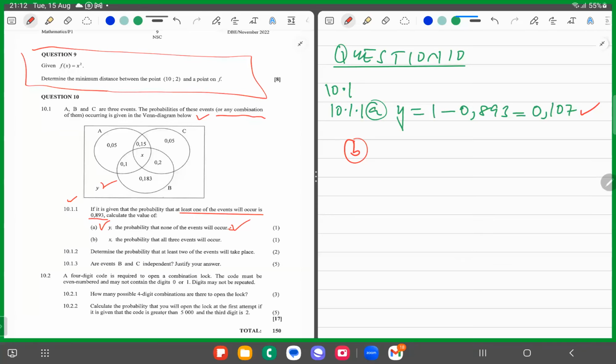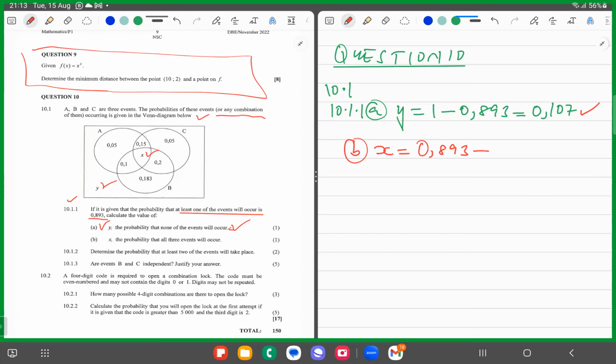If all three events occur, then we're looking at the X variable where all of them occur. So how do we find the probability of X? X will be given by 0,893, which is the probability of at least one event occurring, minus the probabilities outside that.